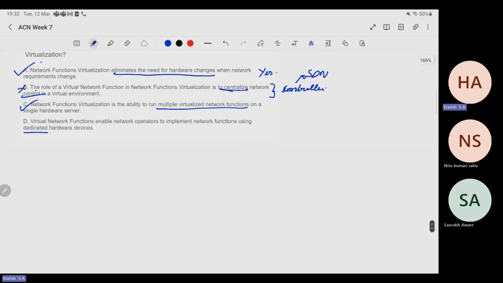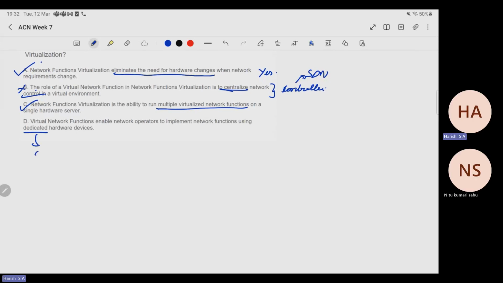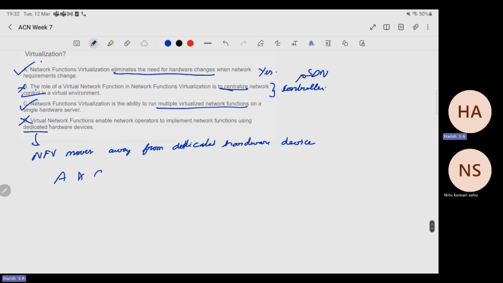The key here is dedicated hardware devices. We are moving away from this, not towards this. NFV moves away from dedicated hardware devices. So this is wrong. So the answer is A and C.